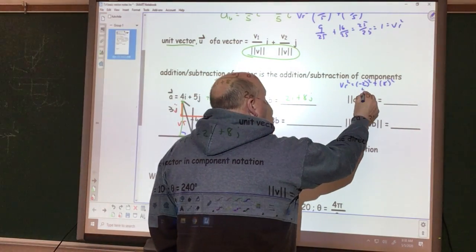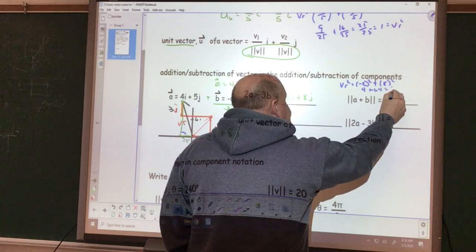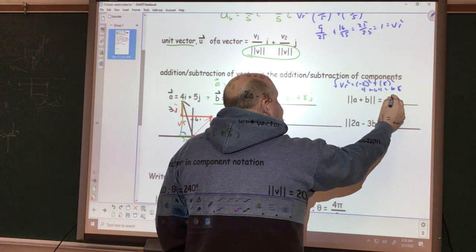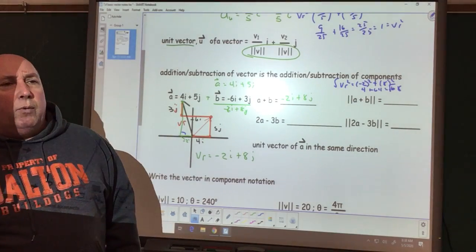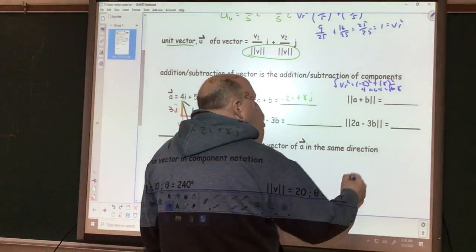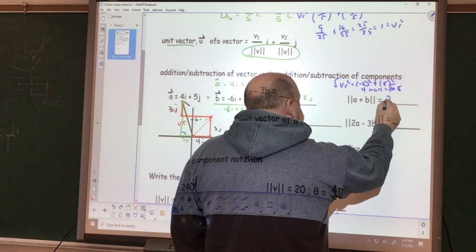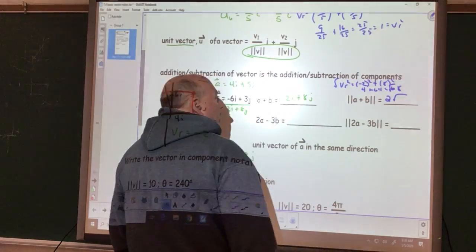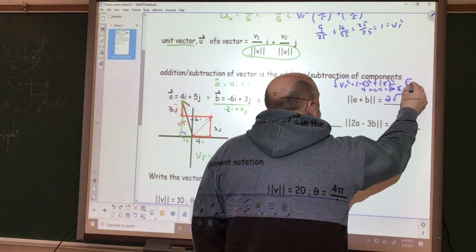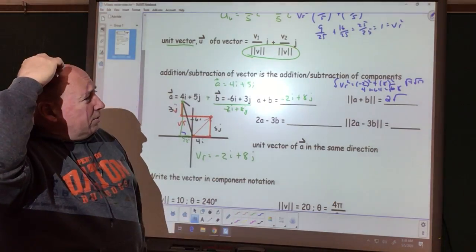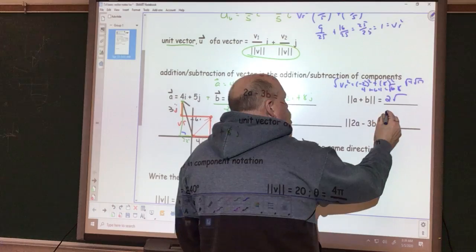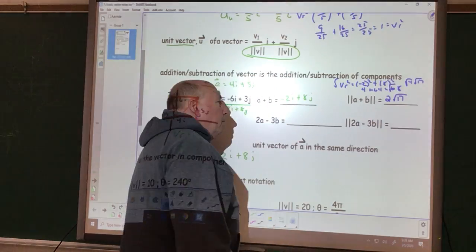So we have 4 plus 64, which is 68. If I take the square root, I have the square root of 68, which can be reduced to 2 square root of 17.